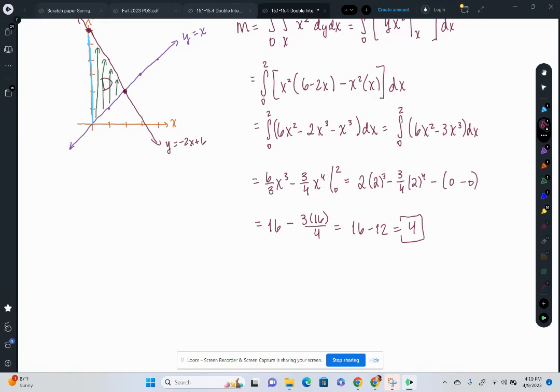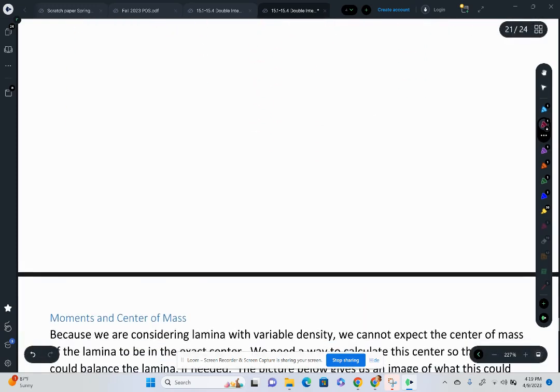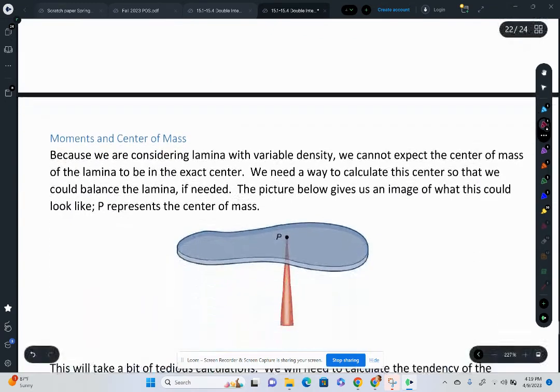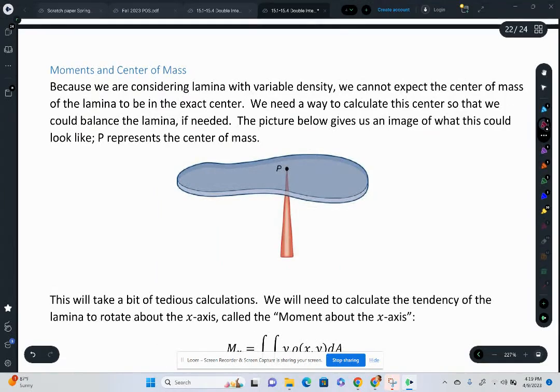Now, when it comes to the next topic, moments and center of mass, we have a bit more work to do. Our lamina has variable density, and that means that we can't expect the center of mass of the lamina to be in the exact center. You may be familiar with buildings like the Leaning Tower of Pisa.